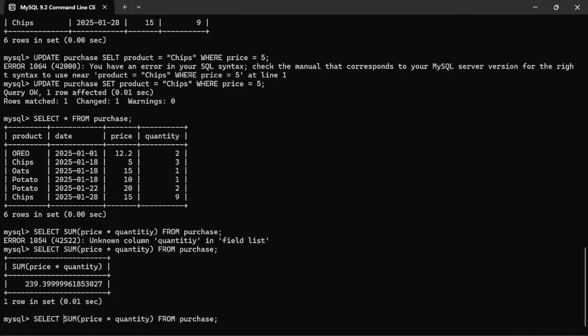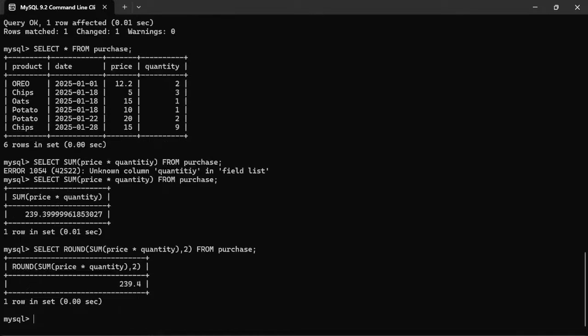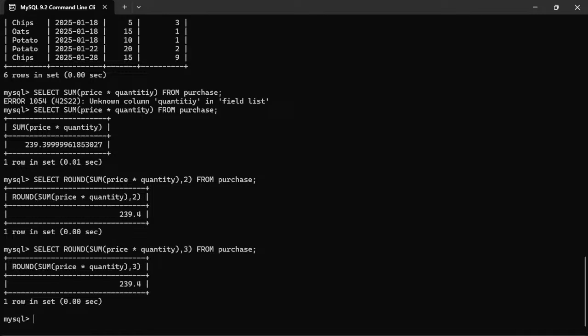I have to use this function up to second decimal point. So I think it will be fine. Now I want up to third decimal point. It's also interesting that when I use the third decimal point, I'm getting the same result.